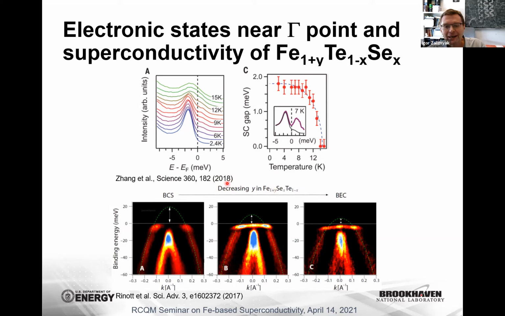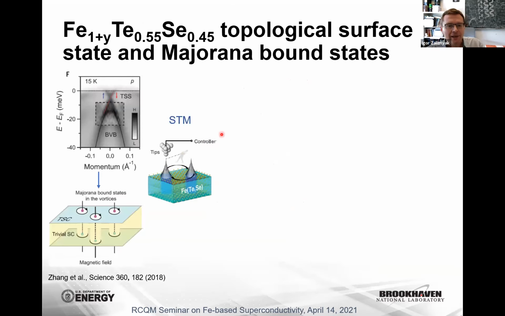In fact, in this work, they mentioned that this change of the superconducting condensate peak occurs on decreasing iron content, but the change in Y, this iron content, was so small that they weren't even able to report numbers. So they just said it's bigger here and smaller there, but it was, I think, within 1%.